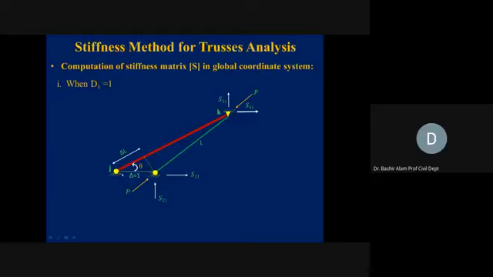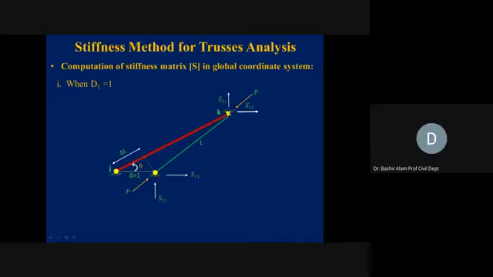This horizontal we know is equal to delta equal to 1, because we are interested in the stiffness matrix, and a stiffness coefficient is calculated when we give a unit displacement. So these are the actions produced due to this unit displacement. D1 equal to 1 we are applying.